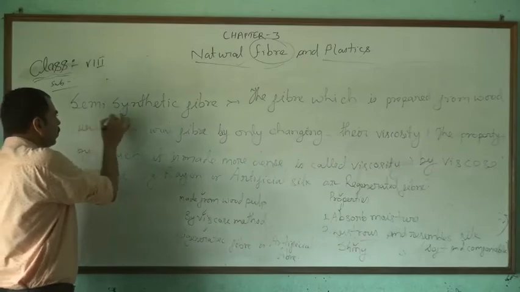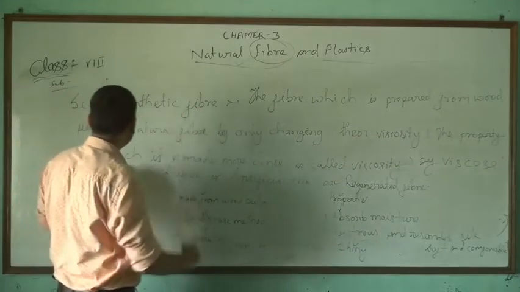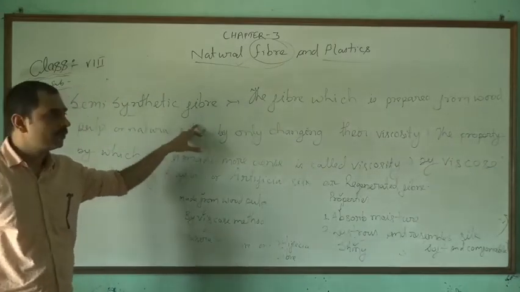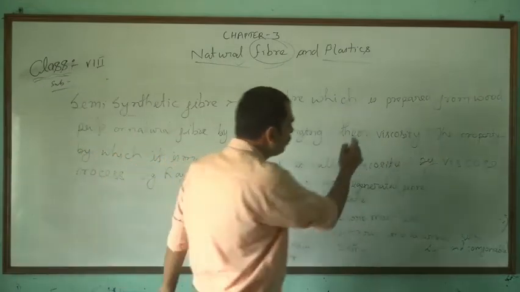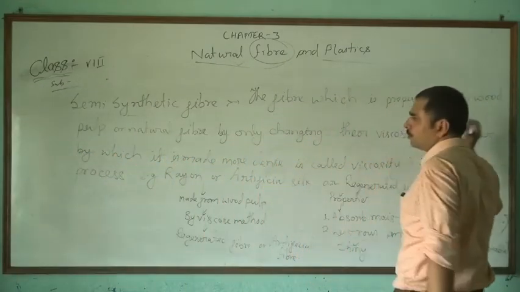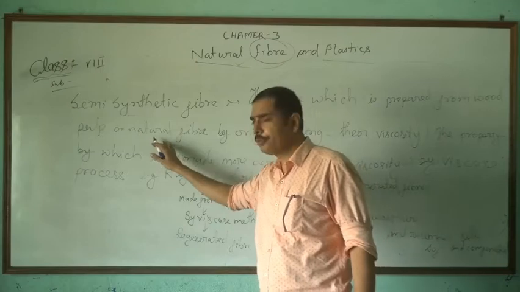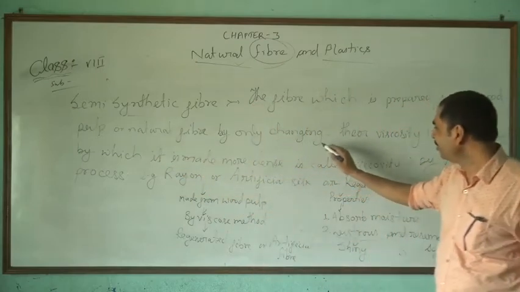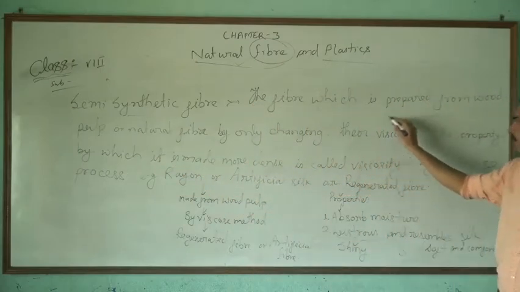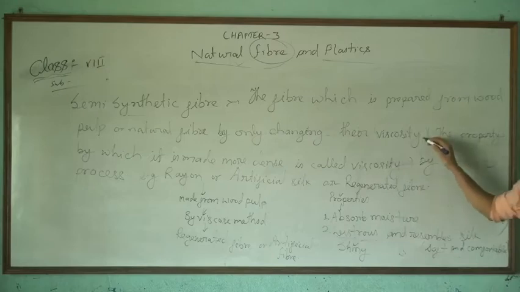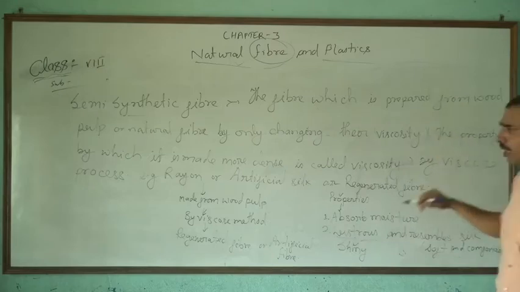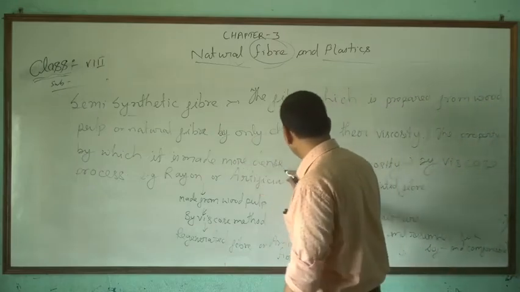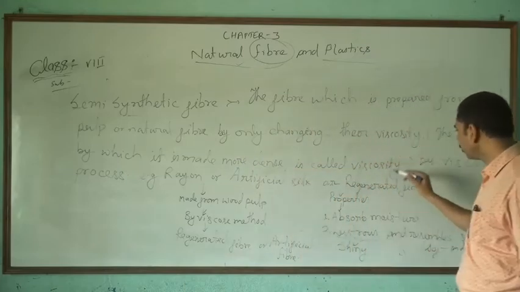Now coming to the third type, that is called semi-synthetic fiber. It is the fiber which is prepared from wood pulp or natural fiber by only changing its viscosity. What is viscosity? The property by which a liquid is made more dense is called viscosity.